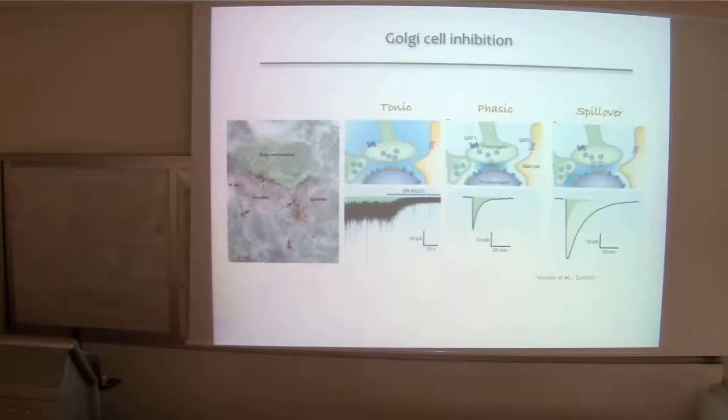So we'll talk about tonic inhibition in the first half, and then we'll go into the more direct phasic and spillover inhibition, which comes from direct release of GABA from the Golgi cell terminal, activating receptors which are directly opposed to that interneuron axon terminal.